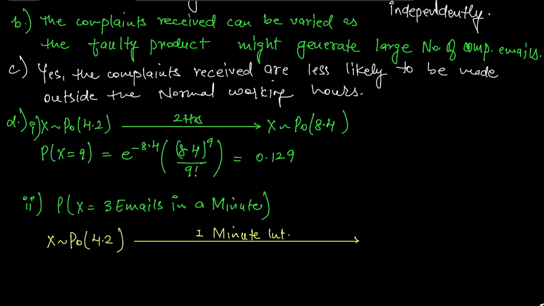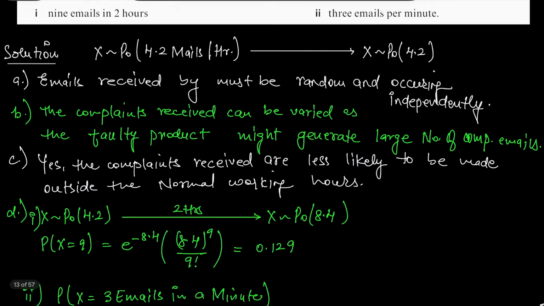For a 1 minute interval, X follows Poisson with mean 4.2 over 60, which gives mean 0.07.